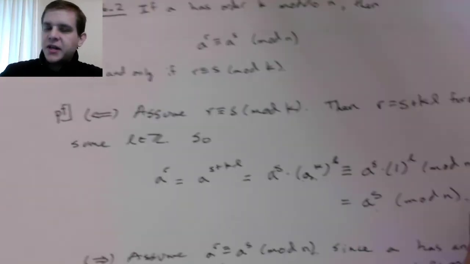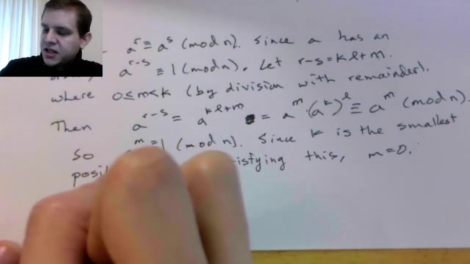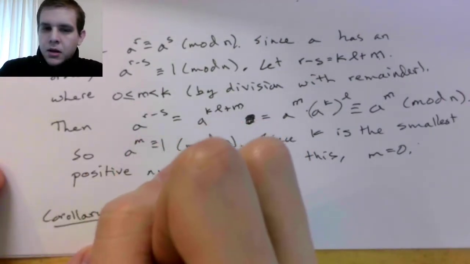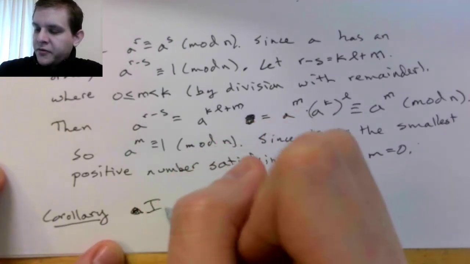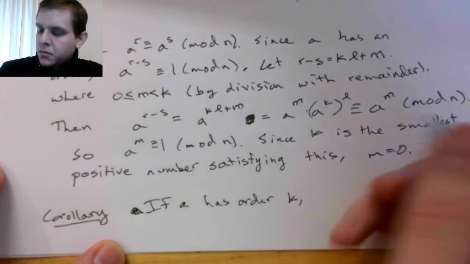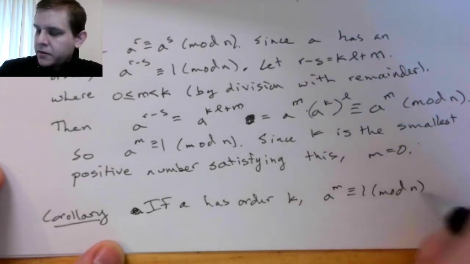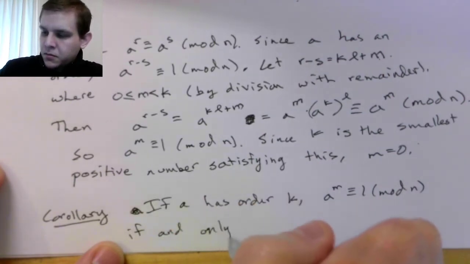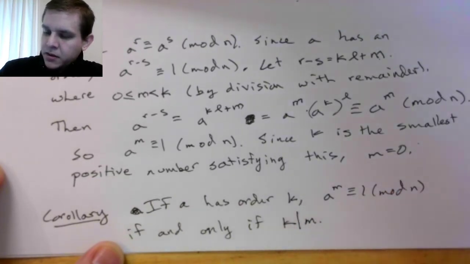Okay, so let me just say a little corollary here. The book doesn't explicitly say it, but I want to. If a has order k, a to the m is congruent to 1 mod n if and only if k divides m.